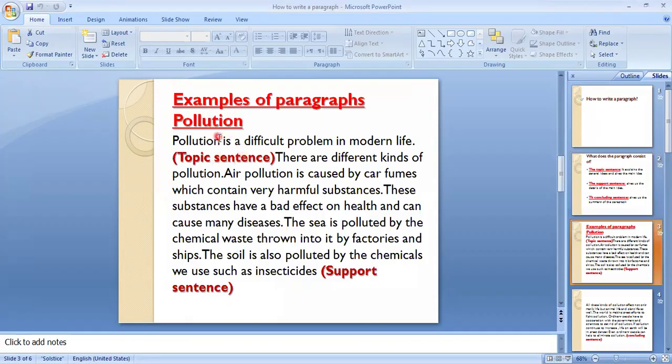So we have a topic about pollution, and we know that pollution is very harmful, and we have the harms of it. Okay, let's learn how to write this paragraph. Here is: pollution is a difficult problem in modern life. Is it okay? Yes, it's the topic sentence.